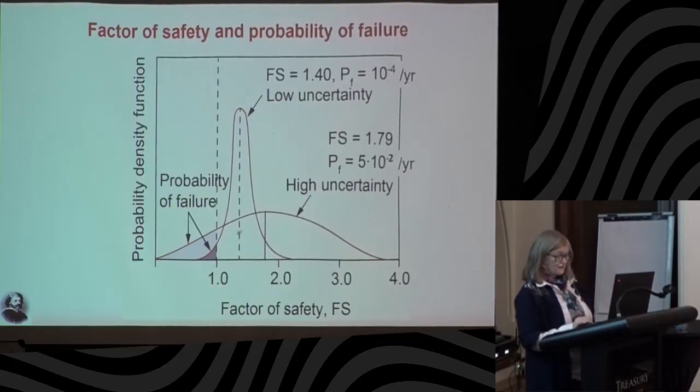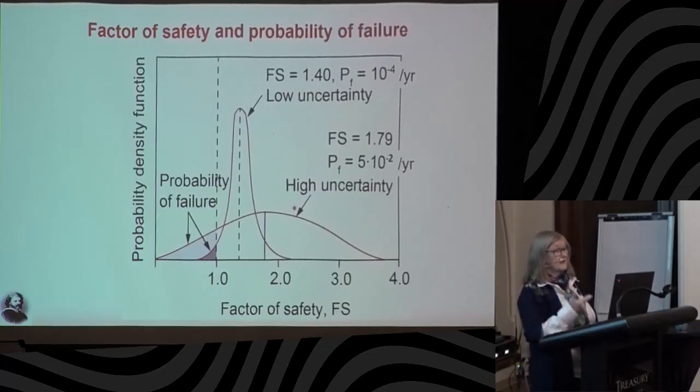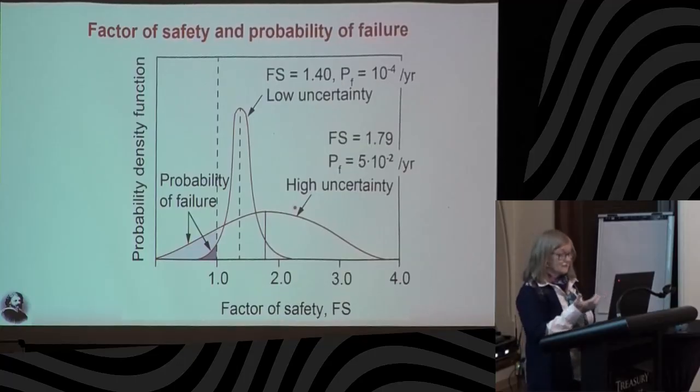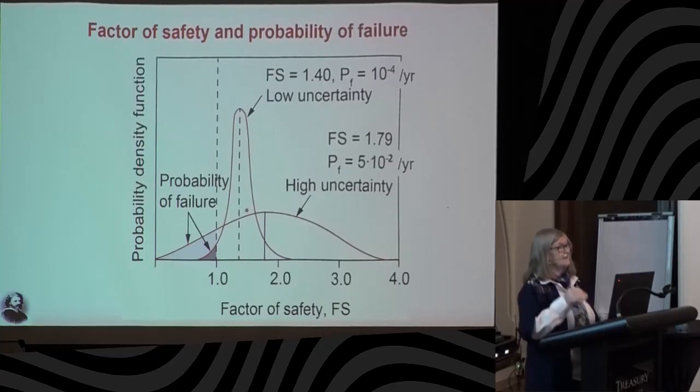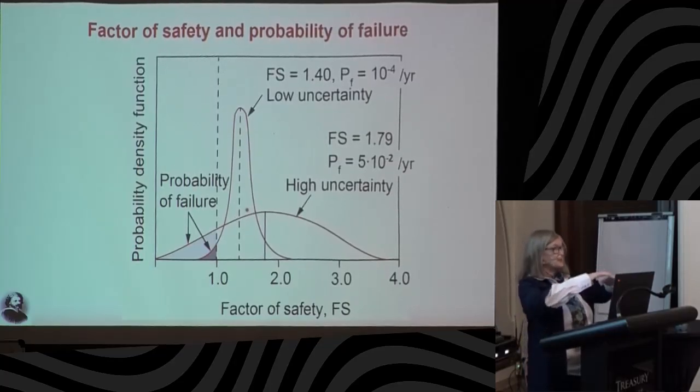If you have either another site or the same site, but you calculate a safety factor of 1.8, but you have a lot of uncertainties in the pore pressure, the soil type, the friction angle, or the undrained shear strength, then the distribution of the resultant safety factor becomes much more diffuse.